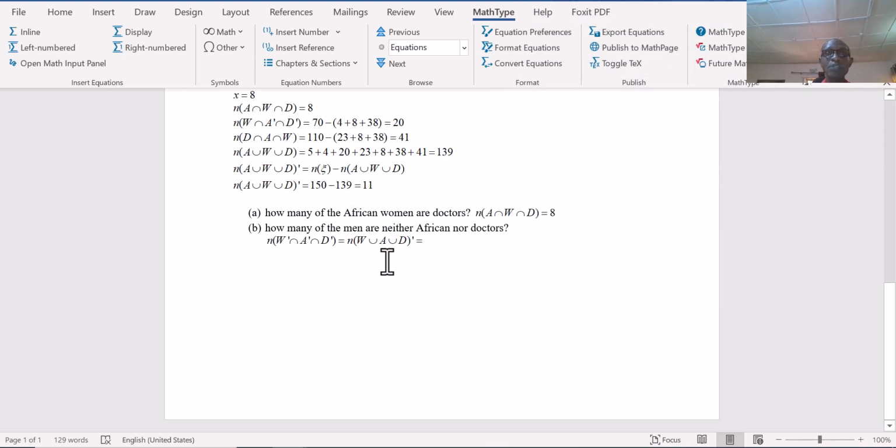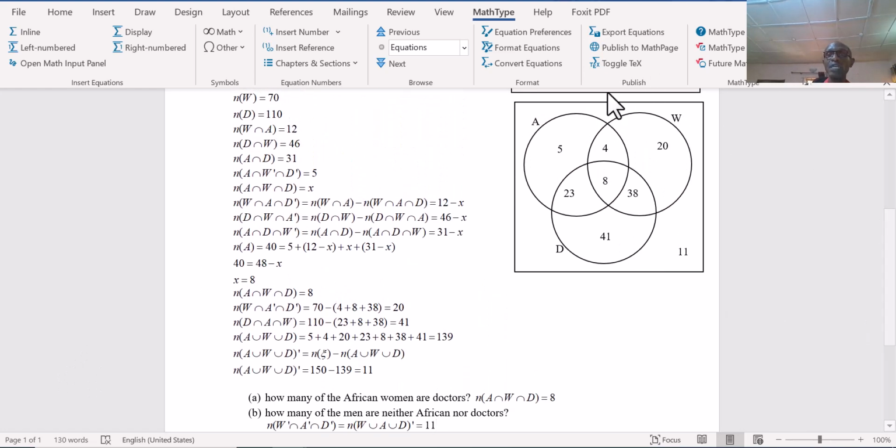That is the last statement. Those who are not women, not doctors, and not Africans. That is what it means. So we got that to be 11. Those are people that are outside the three circles.